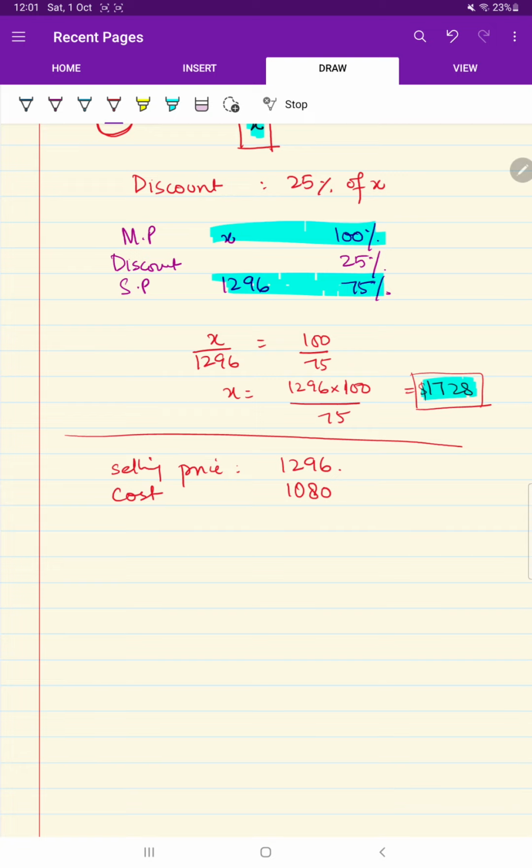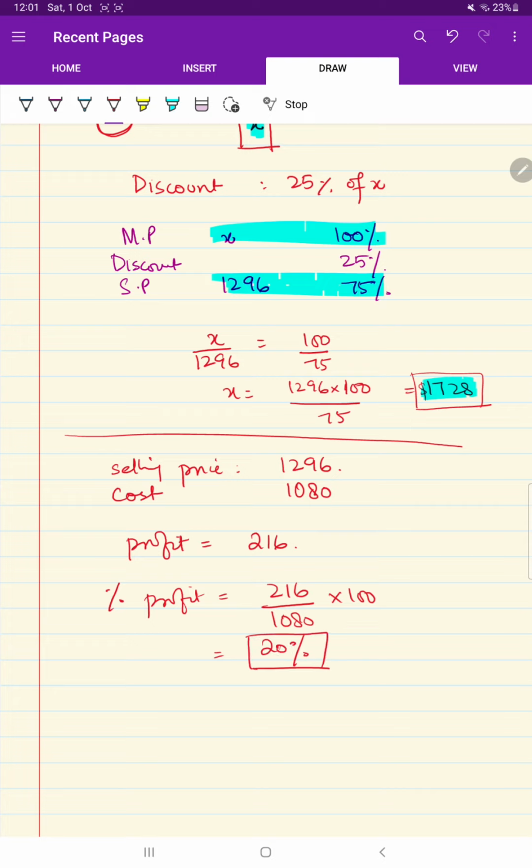Cost is 1080, so profit is 1296 minus 1080, which is 216. Do I need profit? No, I need profit percentage. So I would say profit upon cost price multiplied by 100. This gives me 20%. Right? So even when he sold it at a 25% discount, he still got a profit of 20%. Right?